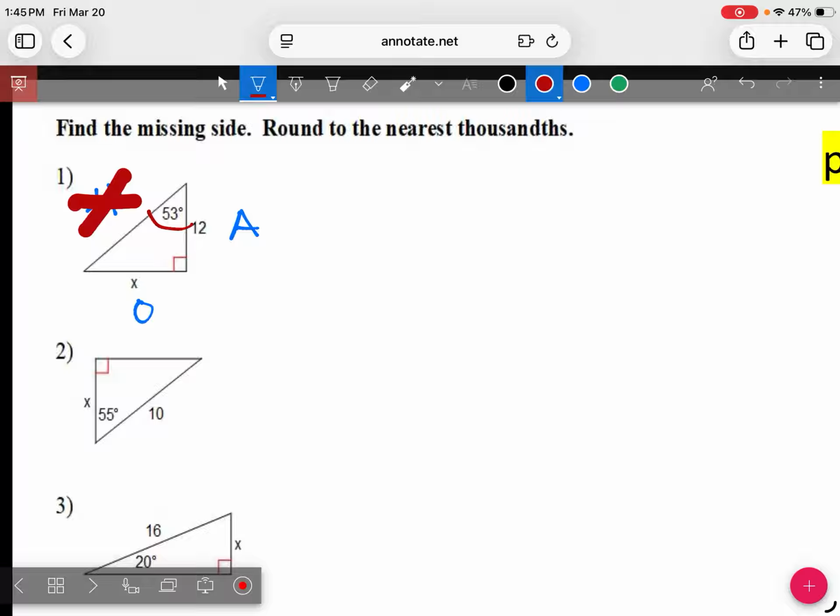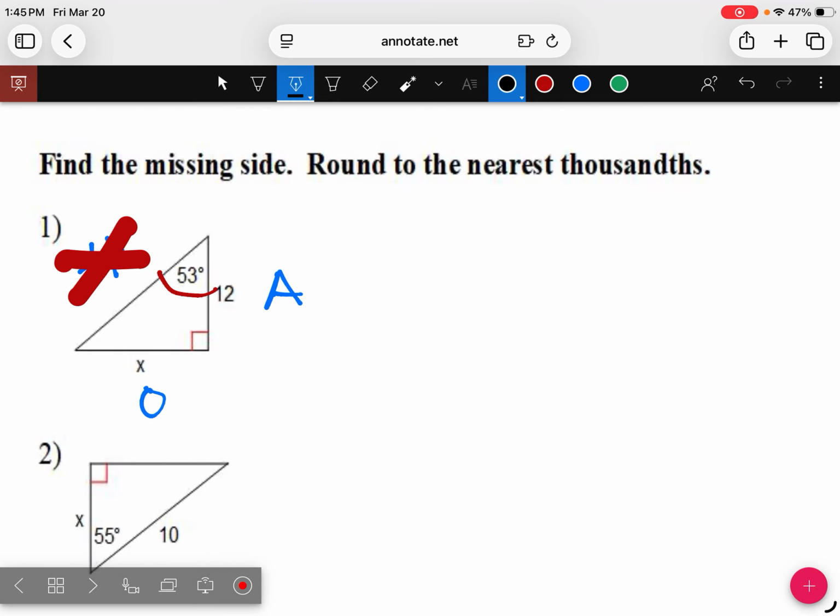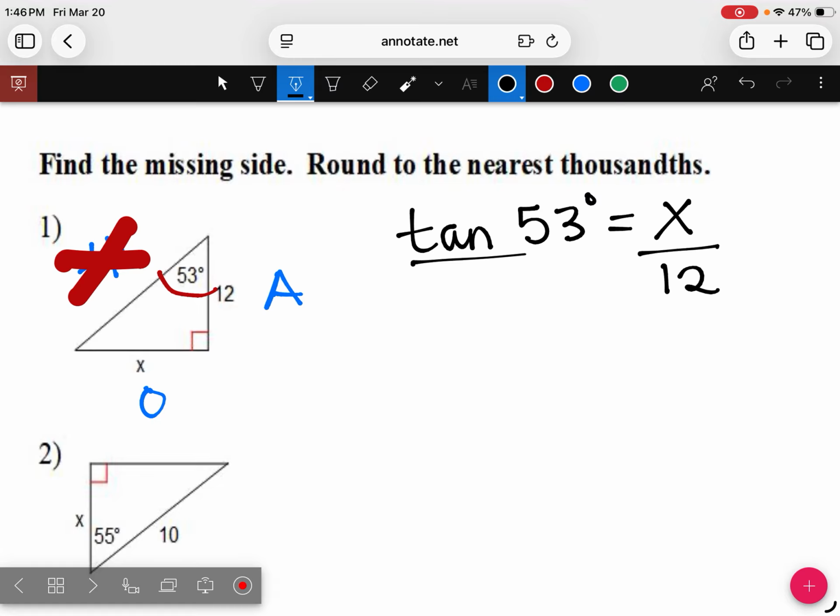So here's the hard part. What trig ratio are we going to use? Which one uses only opposite and adjacent? Tangent. So let's set it up. So you're going to write the tangent of 53 degrees equals opposite, which is x, over adjacent, which is 12. I'm in a habit of making the other side a fraction, but you don't have to do that.